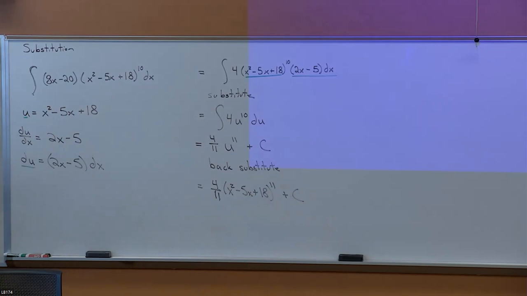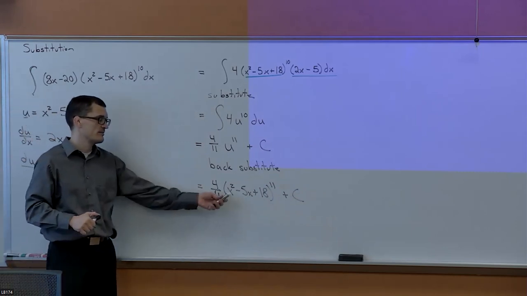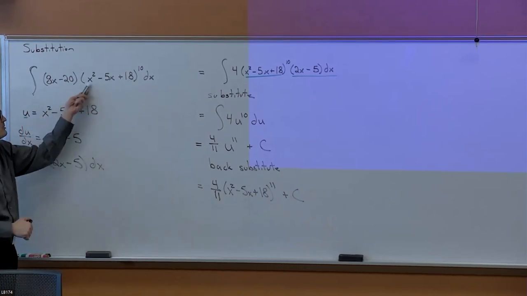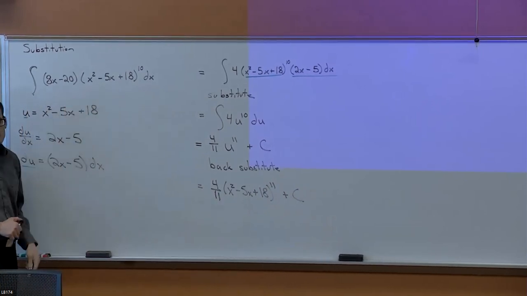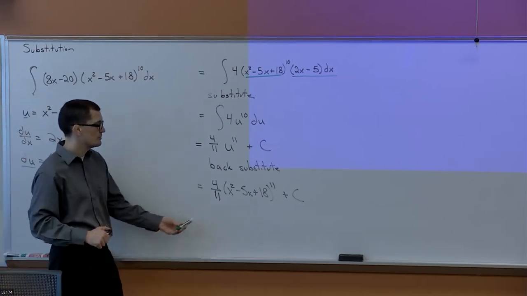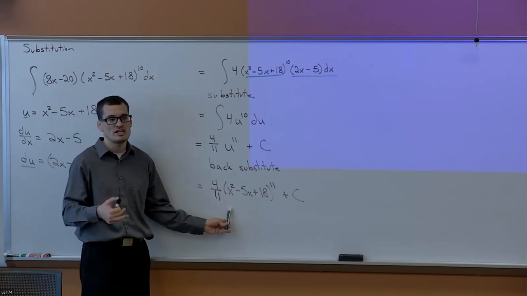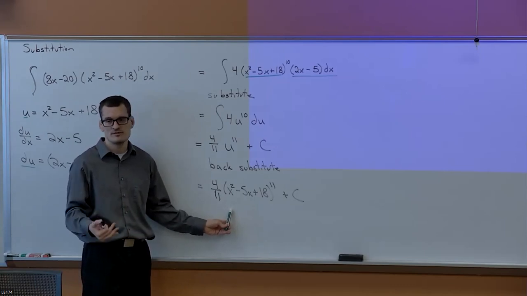By the way, if you ever wanted to check that you got the right answer, you could simply take the derivative of this and see that you end up with this function here. Okay. And if you do take the derivative of this, you're going to have to apply the chain rule of derivatives to do that.